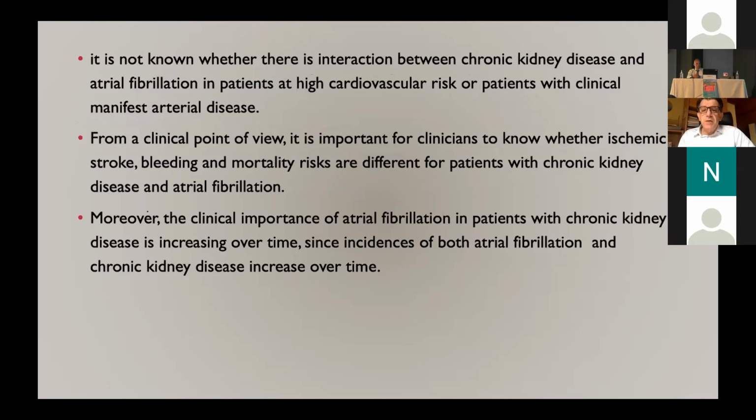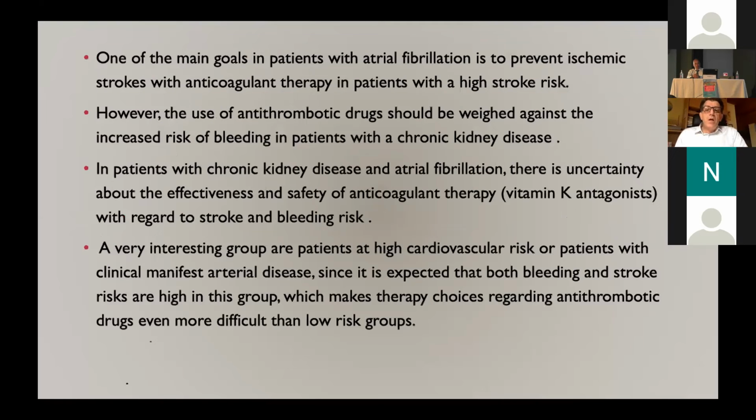From a clinical point of view, this is very important to know for these patients because, as I already said, it increases bleeding and mortality, and we have to know who has both of these entities, atrial fibrillation and chronic kidney disease.